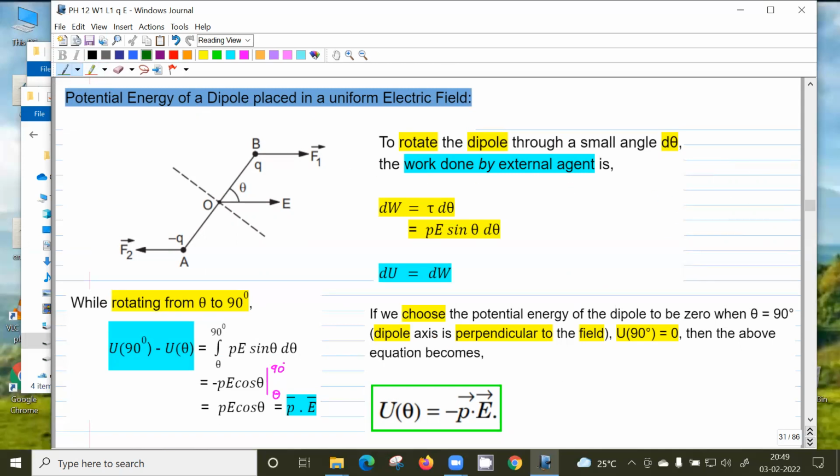Say a body here, let it have some mass. I'm doing some work on it. Work is done on M. So the potential energy of M will increase or decrease? This is basic concept.